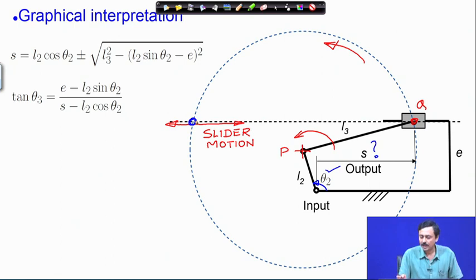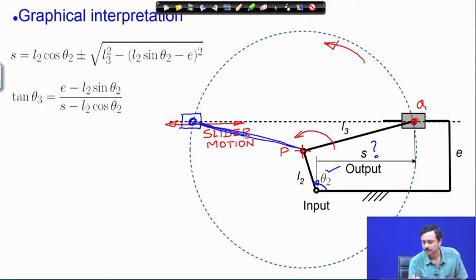Therefore, I can assemble the mechanism either in this black configuration or in this blue configuration. So, I have two configurations, two possible solutions. These are given by this plus and minus.